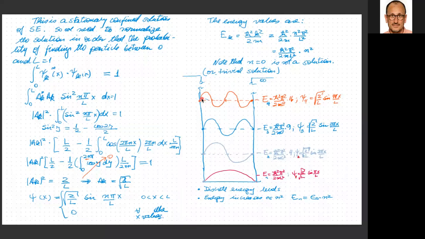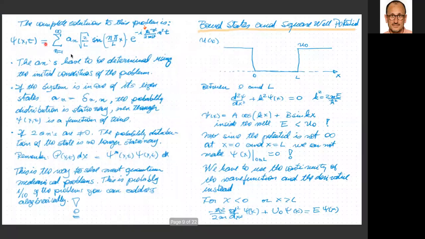The only solutions that can be possible here are additions of these energy states. So any solution that is possible here should be a linear combination of the solutions that I'm showing you here. And what happened with the time dependence? The time dependence is right back in here.